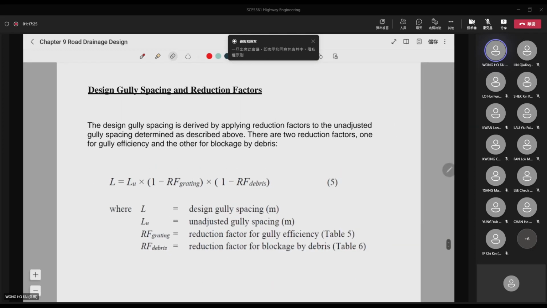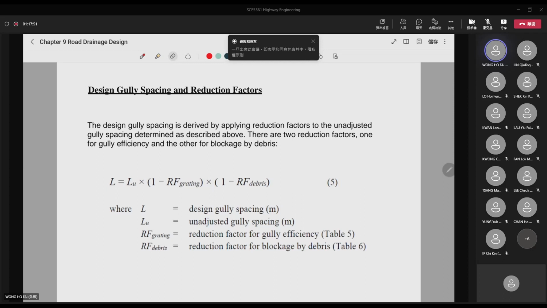And then for the design gully spacing, LU is the unadjusted gully spacing. For this one, we just consider the drain width and drain area. However, you can think that for the gully, there can be some debris or rubbish that will block your gully.